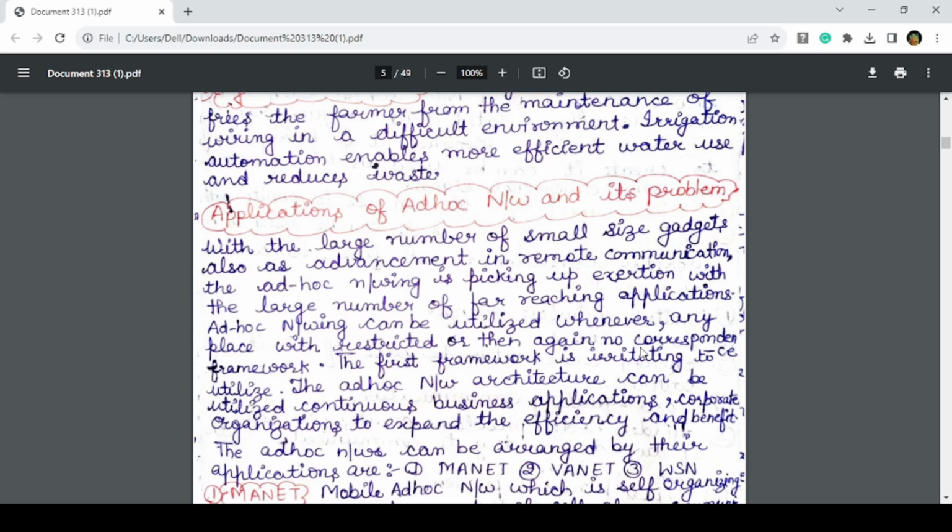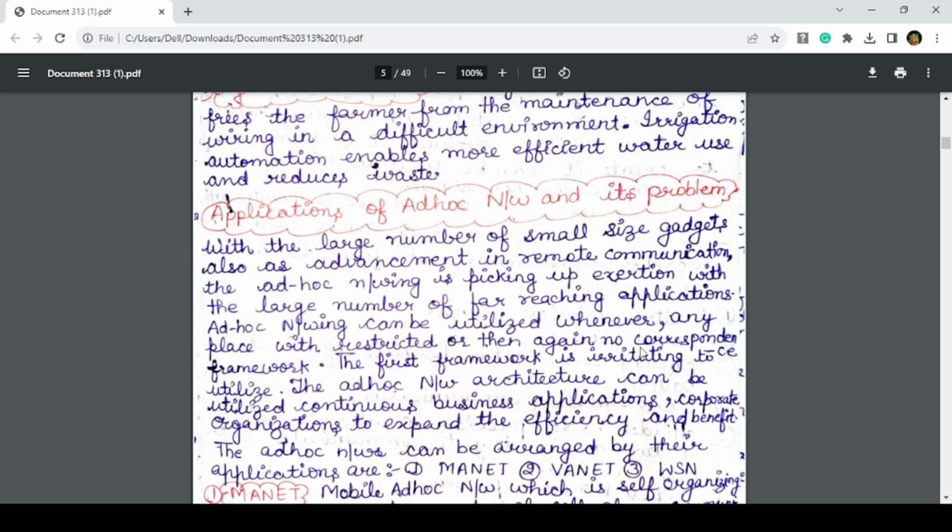Ad hoc networking can be utilized anywhere, in any place with restricted or no communication infrastructure. The ad hoc network architecture can be utilized in real-time business applications and corporate organizations to expand efficiency and benefits.